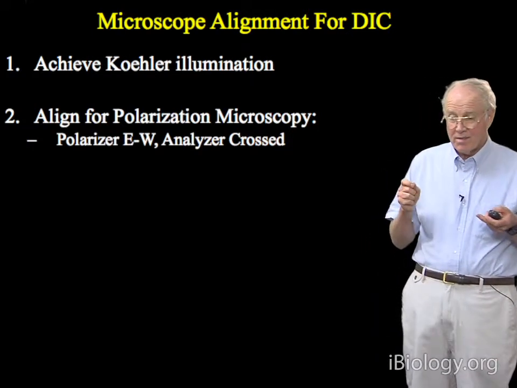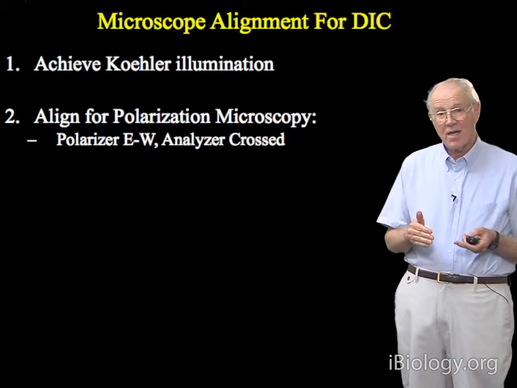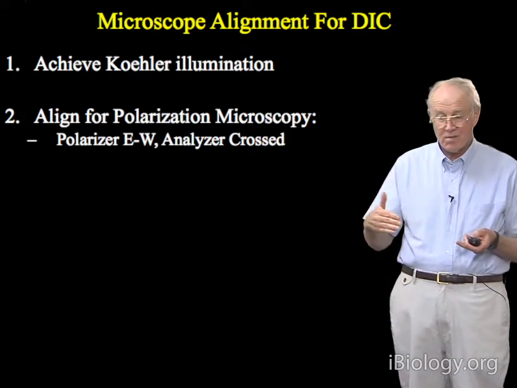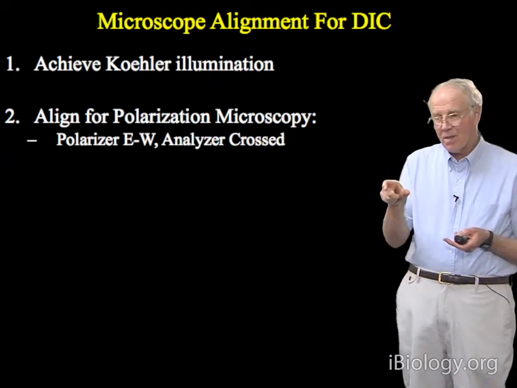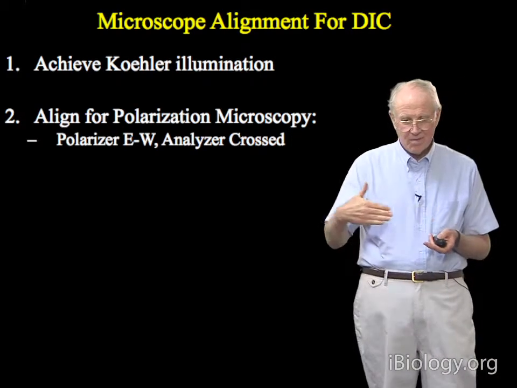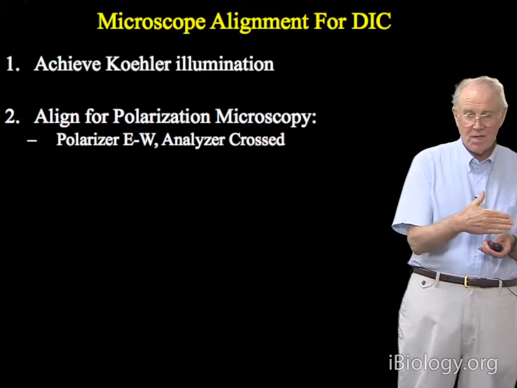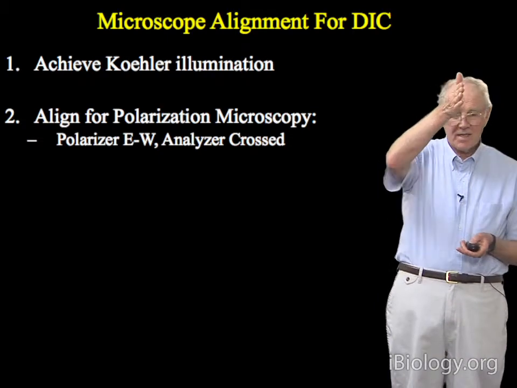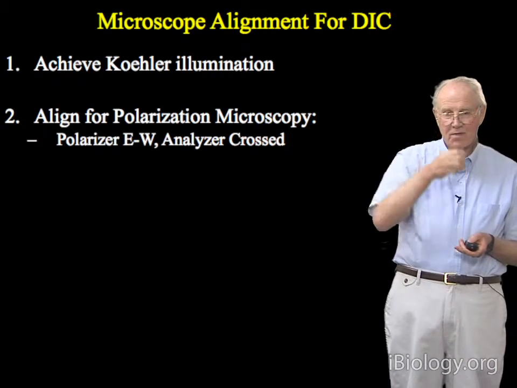And you're going to make sure that the polarizer is aligned in an east-west direction. There's usually a little double arrow on the polarizer that tells you the vibration direction for the polarizer. And then you're going to align the analyzer in a north-south direction.